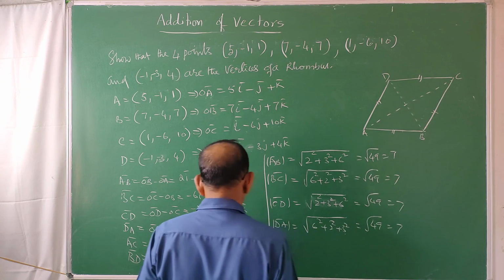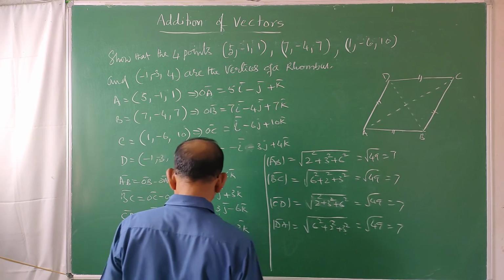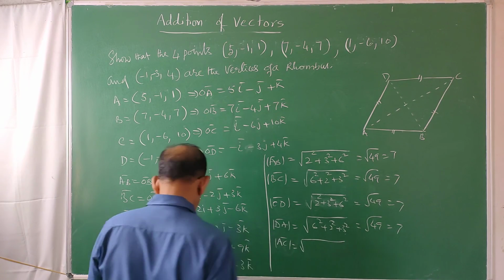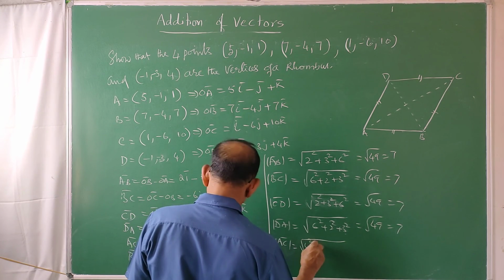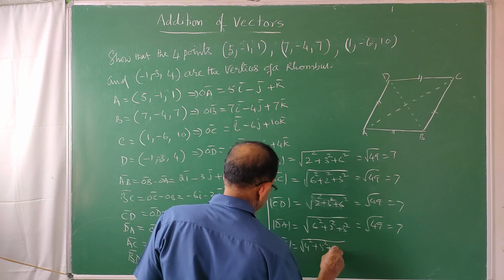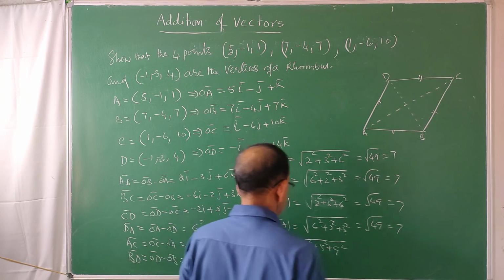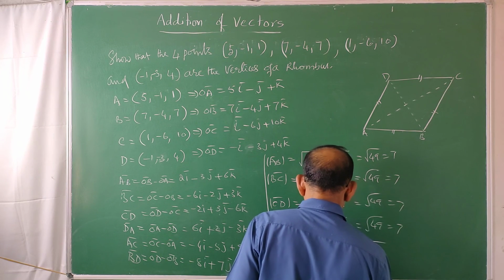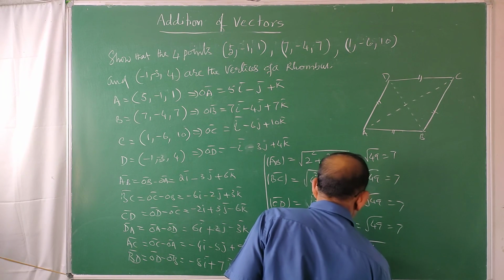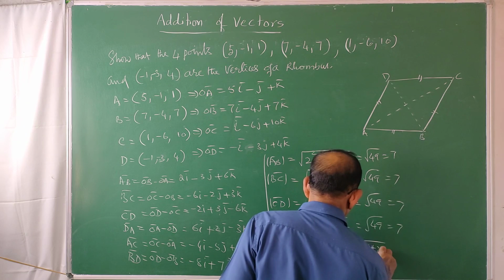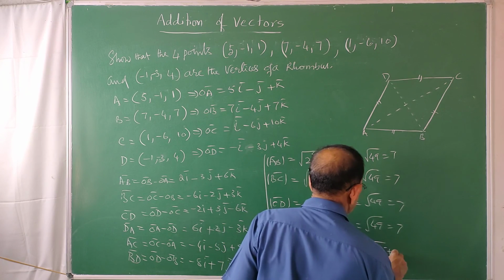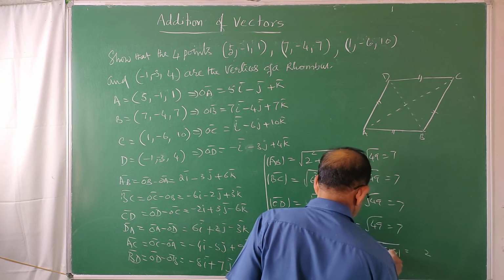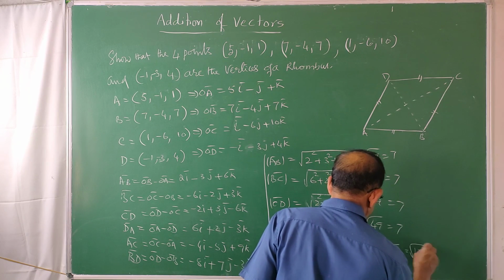And find out the modulus of AC as well as BD. AC bar is root of 4 square plus 5 square plus 9 square, that is 16 plus 25 plus 81, equal to root 122.